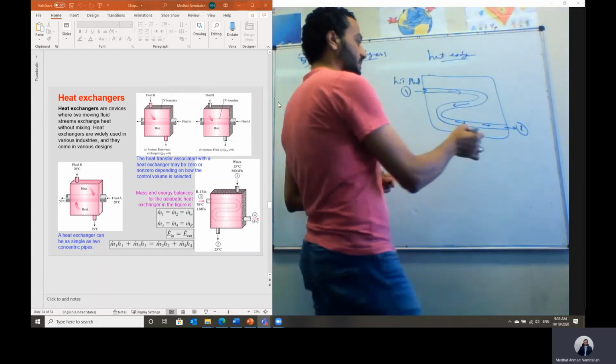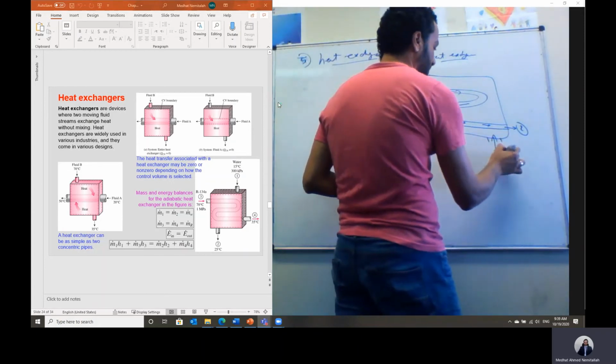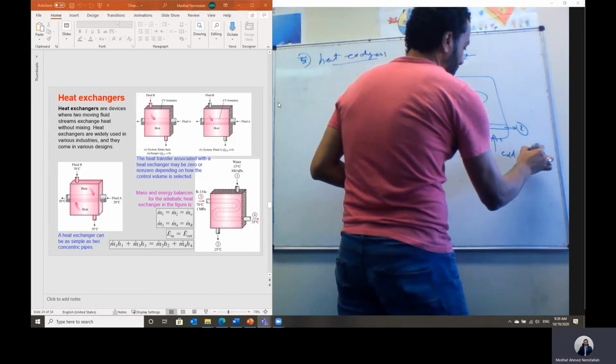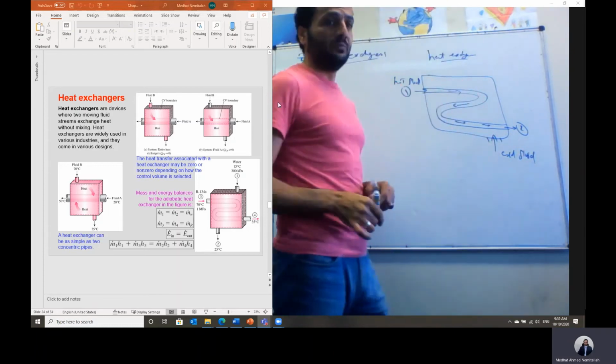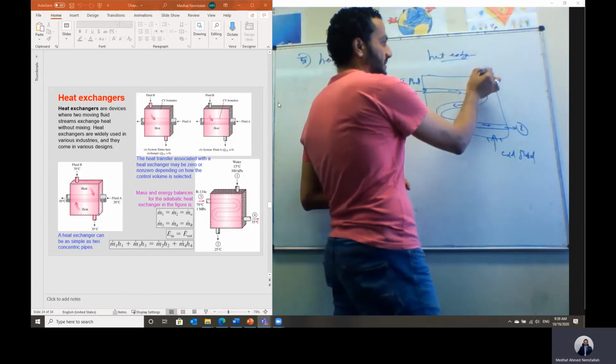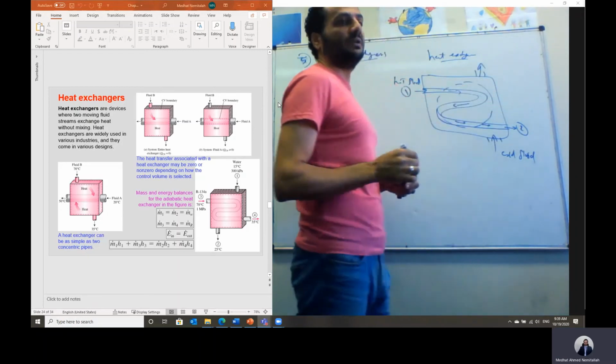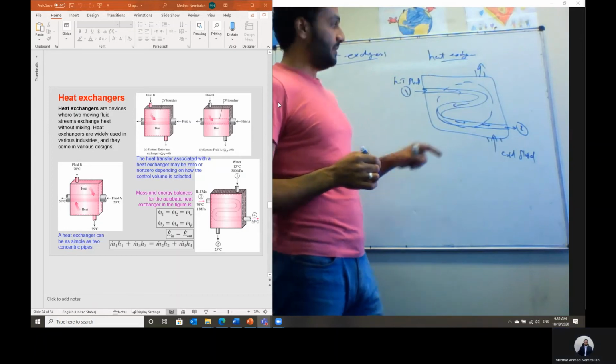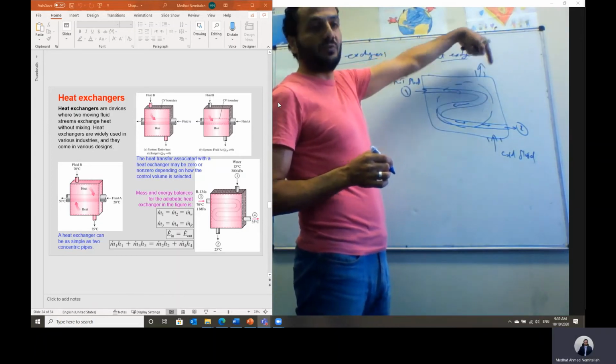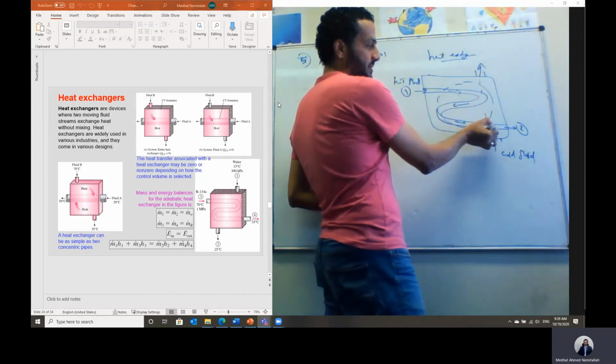Okay, here we pass the cold fluid. Usually cold fluid is provided from the bottom, so that when it is leaving at the top, it should have gone through the whole body of the hot fluid. But if you drop the cold fluid from up there, it may have a short circuit directly.